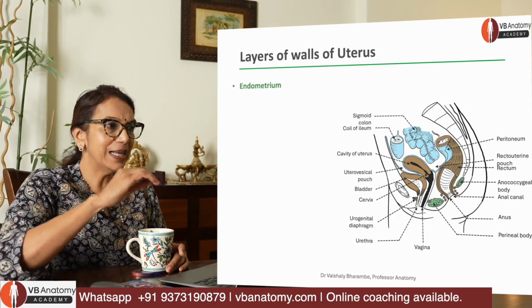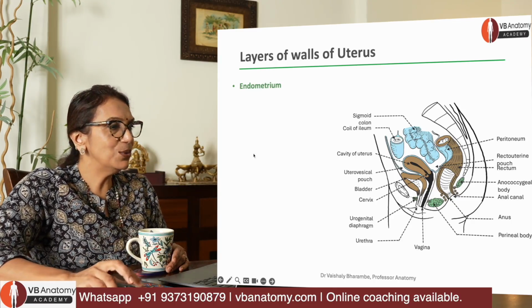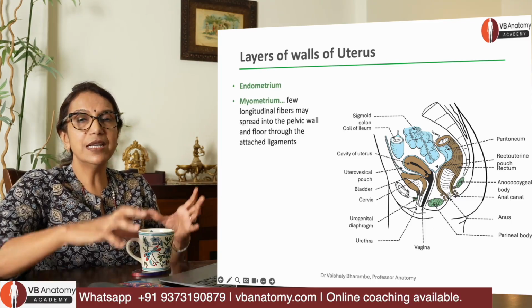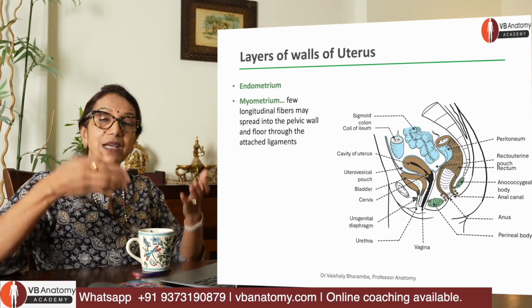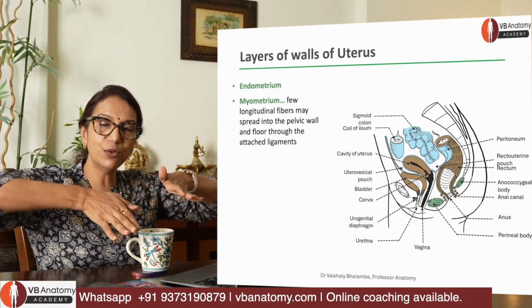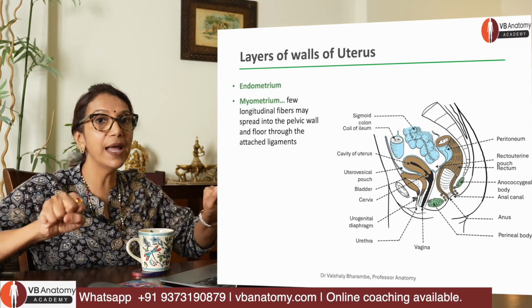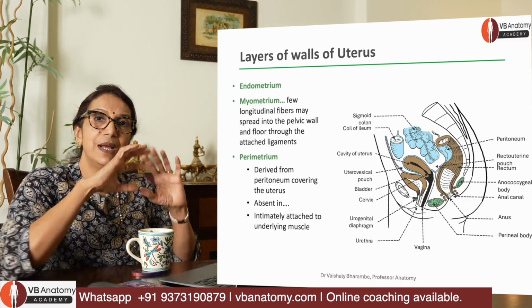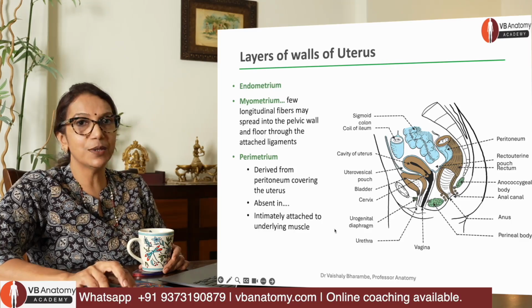Okay, let's quickly understand what are the layers in the wall of the uterus. As you can see, inside it is lined by endometrium. Outside it's made up of myometrium, which is made up of longitudinal fibers, some of which might even pass through the uterus into the surrounding region, the parametrium, to anchor the uterus. And then that's covered by a layer of peritoneum, which is the perimetrium.